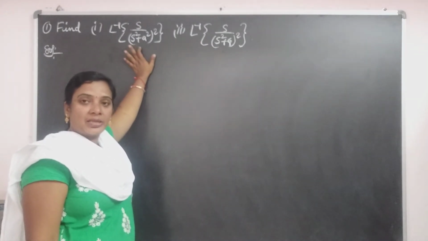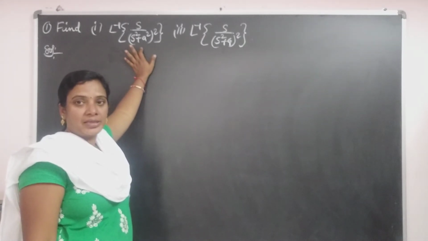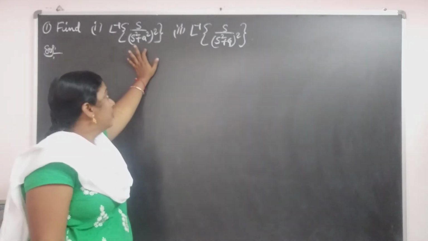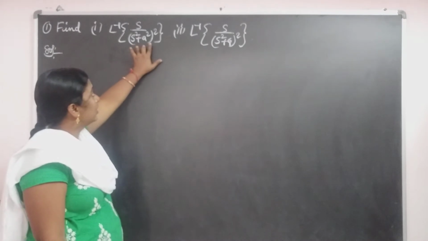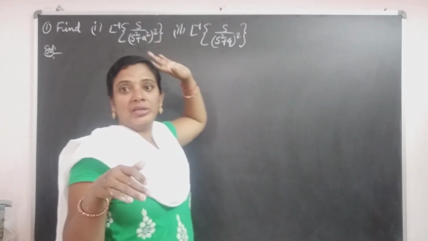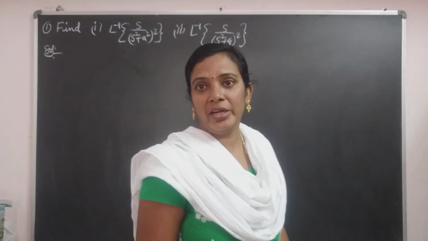And S by S square plus A square is cos AT, and A by S square plus A square is sin AT. But here the denominator has a whole square. If the denominator function has a whole square, we simply use the derivative.